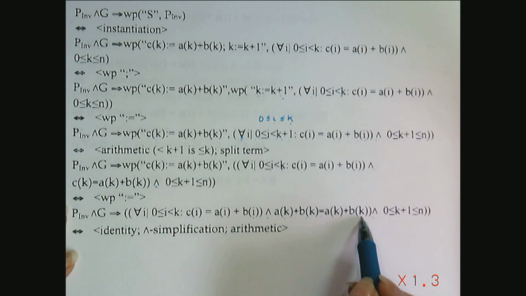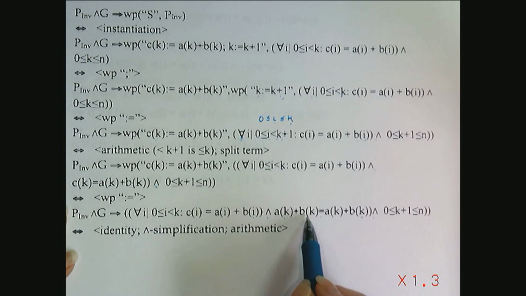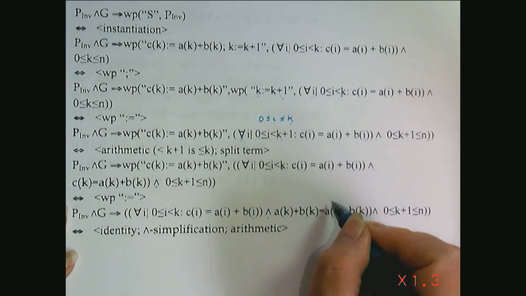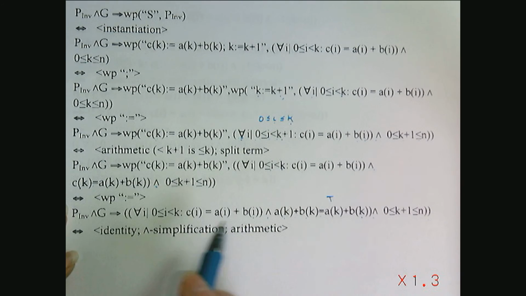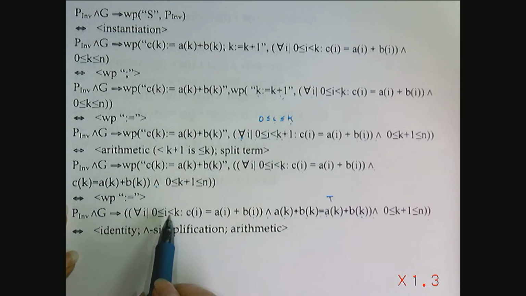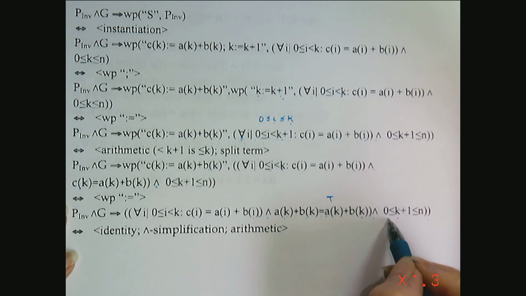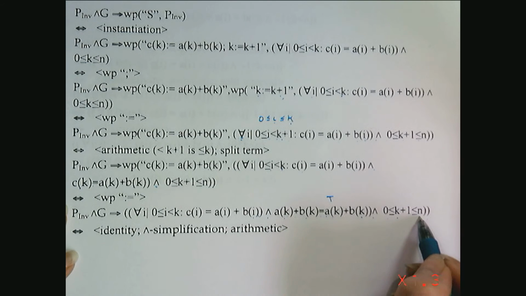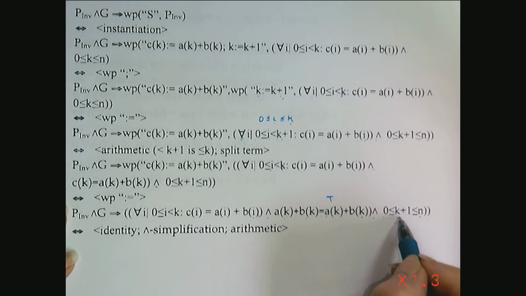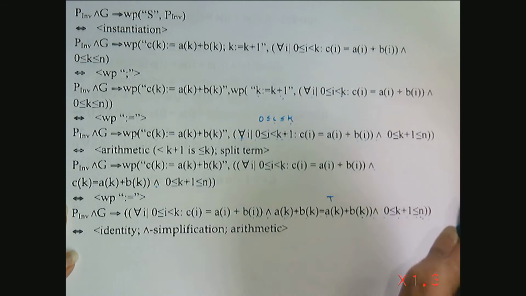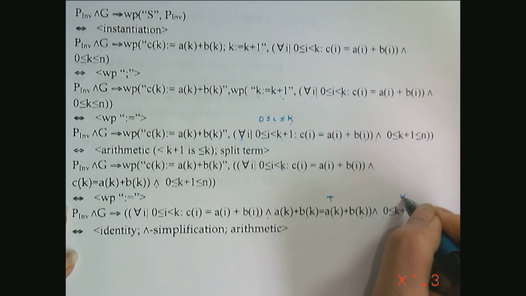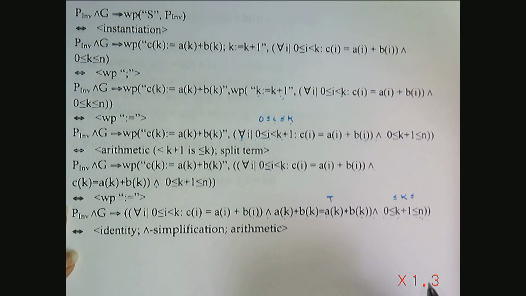Now let's look at this. a[k] plus b[k] equal to a[k] plus b[k] is true. Any expression and true is the expression. In addition, what I can do is rewrite this interval. If 0 is less than or equal to k plus 1 is less than or equal to n, I can change the interval to describe the range of k.